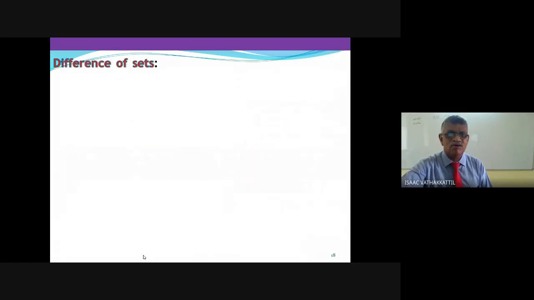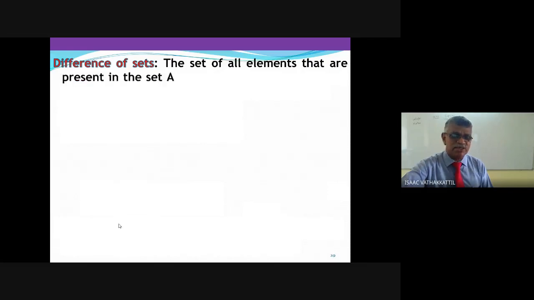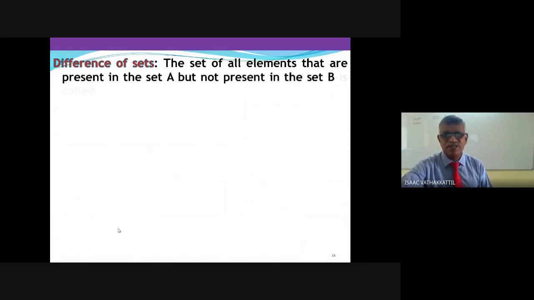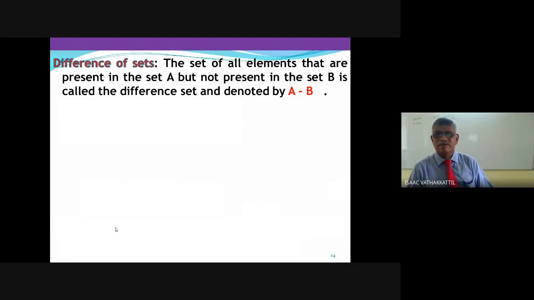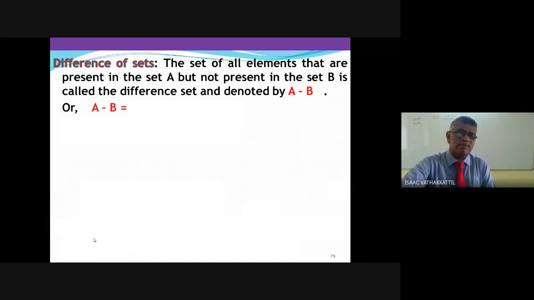Now let us have another definition, difference of sets. We don't call it subtraction, actually it's difference. The set of all elements that are present in set A but not present in set B is called the difference set, and we denote it by A minus B. From A we take out the members of B. There is no subtraction here.